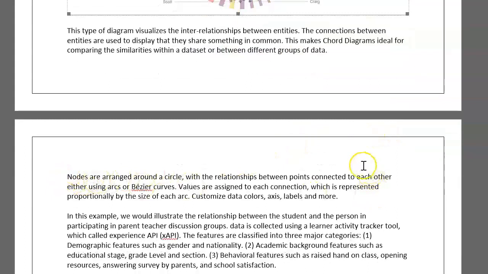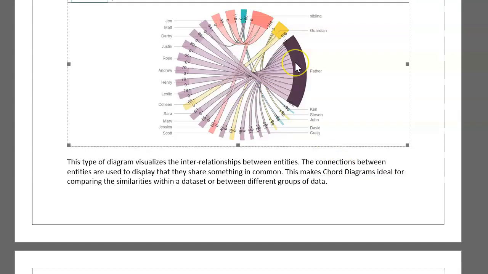Basically, to explain this chart, it is a kind of node-based chart. Each arc over here is considered a node, or a chord, because the various visualization tools call them differently, and this one was done with a different visualization tool.